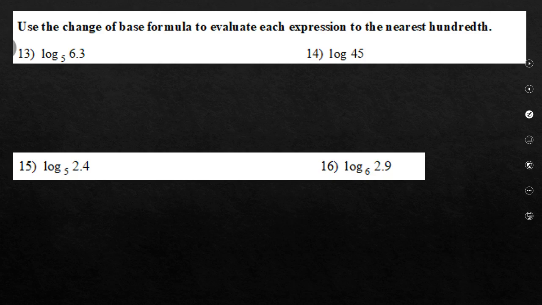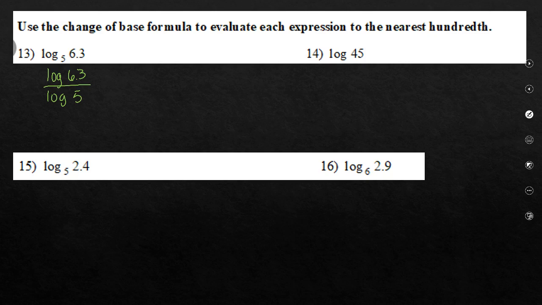Okay, another bit of practice with change of base formula. Log base 5 of 6.3. Remember, in these examples, we need to put everything back into the natural log base e or the common log, log base 10. So we take log of the argument divided by log of the base.